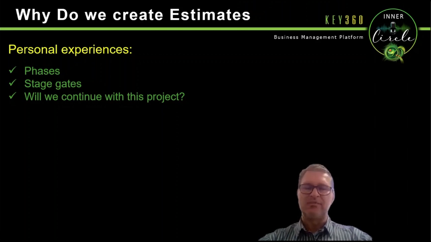And the reason for the stage gate is we need to decide, is this project still viable? Can we still go on? Will the project finish in the timeline that we have? Maybe we have a very strict timeline. So can we complete it in the time that we have to complete it?